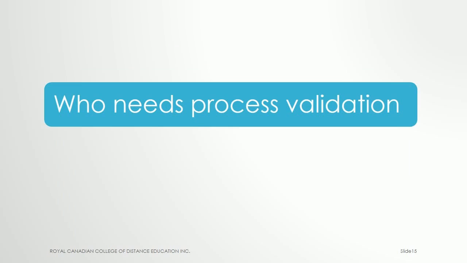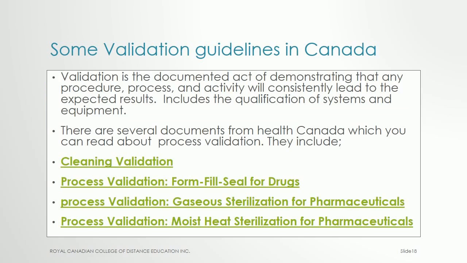Who needs process validation? In this section we will discuss a few regulatory requirements for process validation. Some validation guidelines in Canada. Validation is the documented act of demonstrating that any procedure, process, and activity will consistently lead to the expected results. Includes the qualification of systems and equipment.